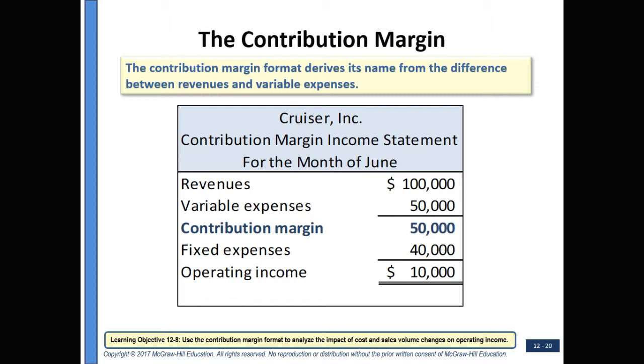The basic key to this concept lies in understanding those cost behavior patterns. As revenue increases, so as $100,000 would increase as a result of selling more products or providing more services, those variable expenses would also increase proportionally. And then so would the contribution margin.